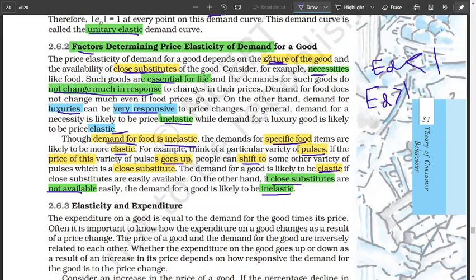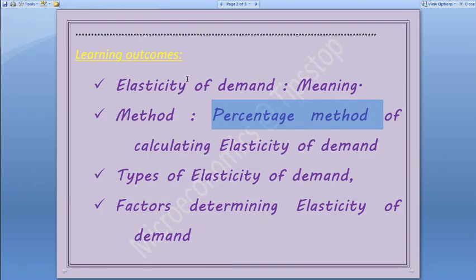So the second factor is close substitutes. If goods have close substitutes, then our demand is elastic, more than 1, because you can shift to others and compare the price. But if goods do not have close substitutes, you have no choice but to buy them, even if the price is high, so the demand is inelastic. So those are the things that we need to learn today.